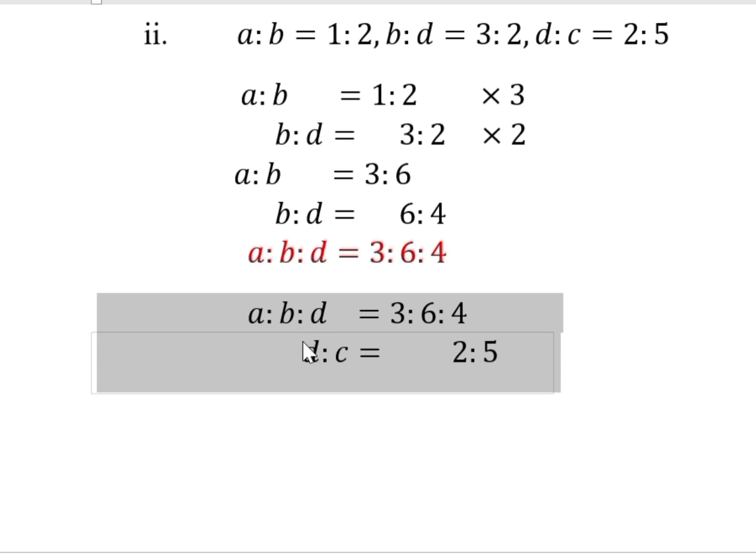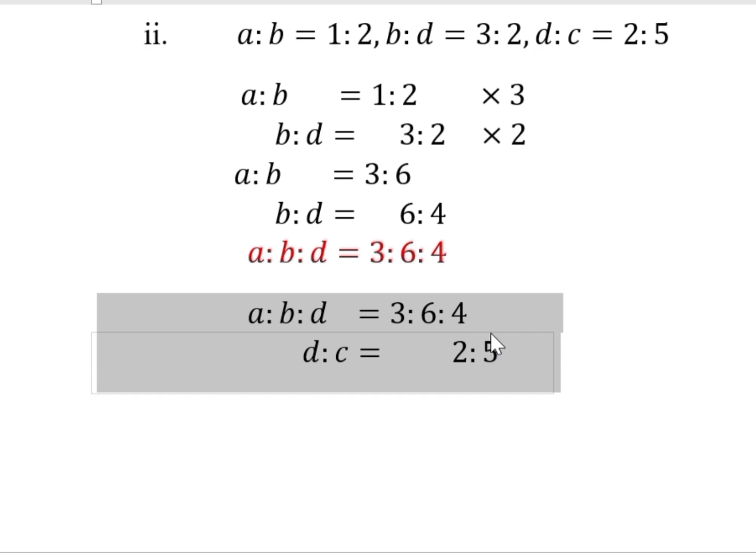So we have D to be written here below this D. We don't have a C here, so we write to the right. So the ratio for D is 2, which should be written below the ratio for D in this first set of ratio, and then the ratio for C will be written to the extreme right as we have done here.